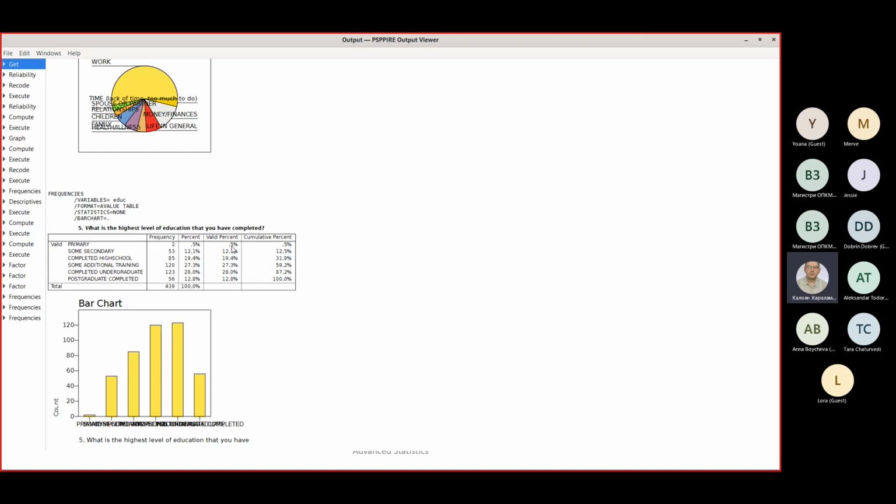After that, 0.5 plus 12.1 plus 19.4, the result is 31.9, and so on and so on.